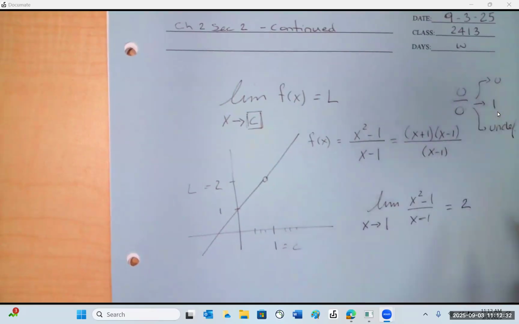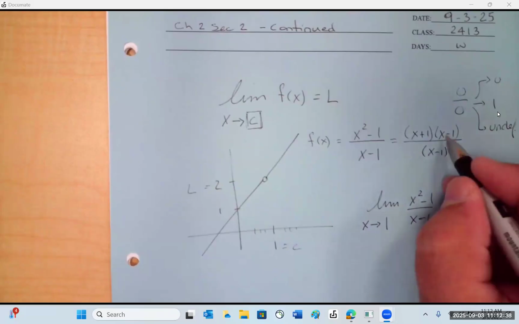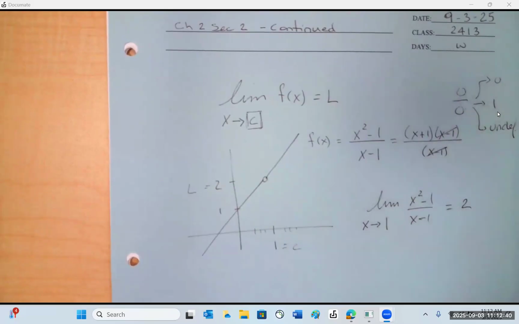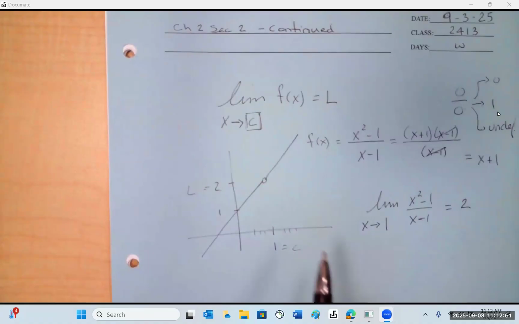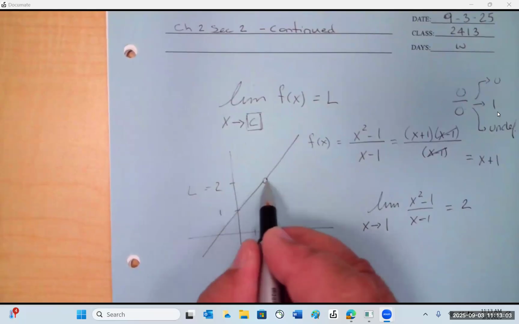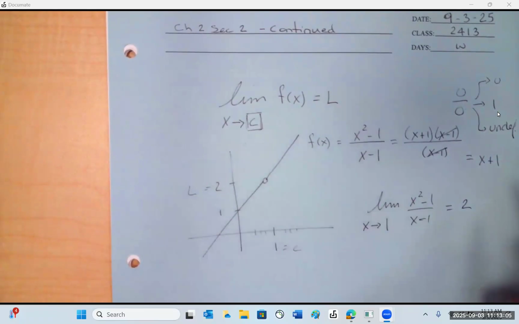Because we had 0 over 0, that means there's something in common in the numerator and denominator. In this case, it's the x minus 1s. So this equation comes down to being x plus 1. Now when I plug in 1 in place of x, what do I get? 2, which is my limit. Which is also a hole in this case because of the value I had to remove from the simplification.